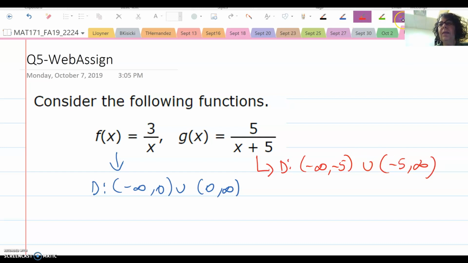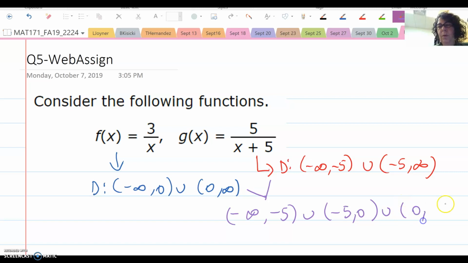Now you need to get the intersection of these two, which will be negative infinity to negative 5 union negative 5 to 0 union 0 to infinity.